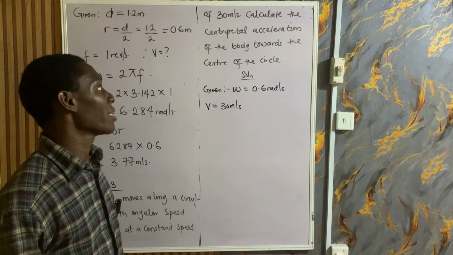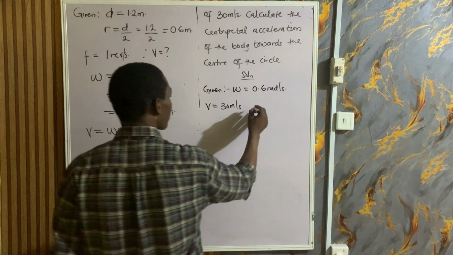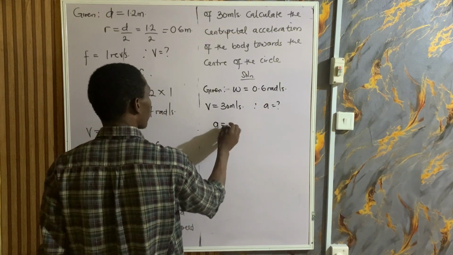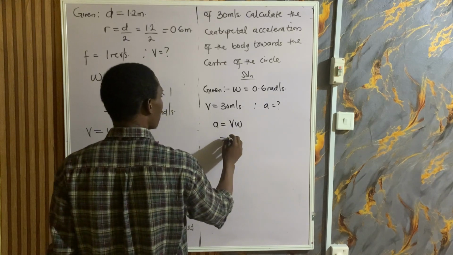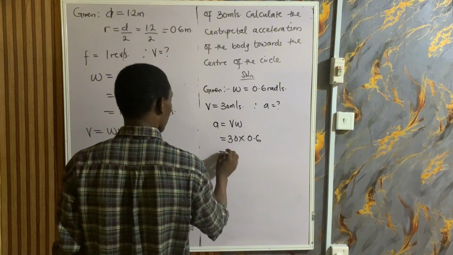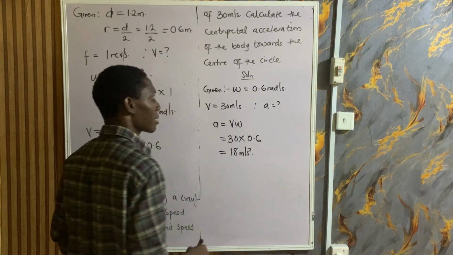Calculate the centripetal acceleration of the body towards the center of the circle. Well, we have to get the a. Obviously, for a we use the formula v omega. So my v is 30 times the omega 0.6, and that gives us 18 meter per second squared. That's that about that.